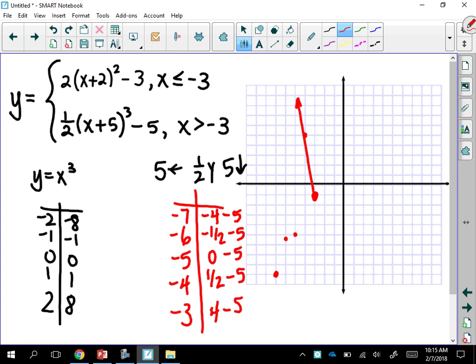Then -4, -4.5. Then -3, -1. You'll notice that it's going through that point where the other one ended, right? And so here is this cubic function.